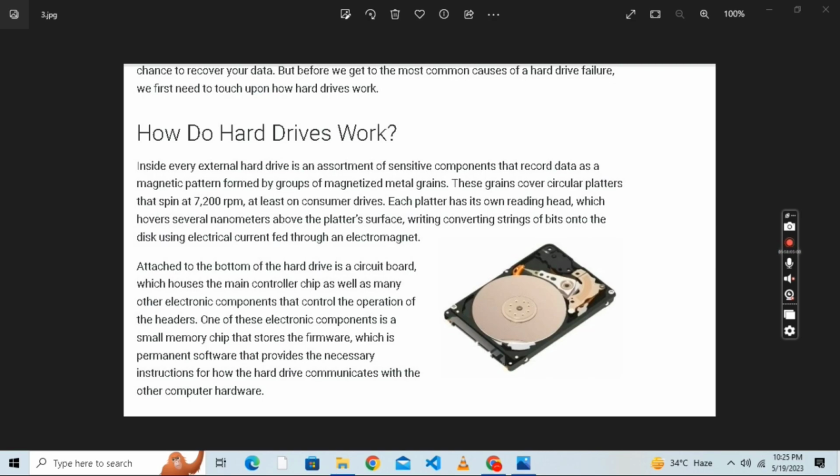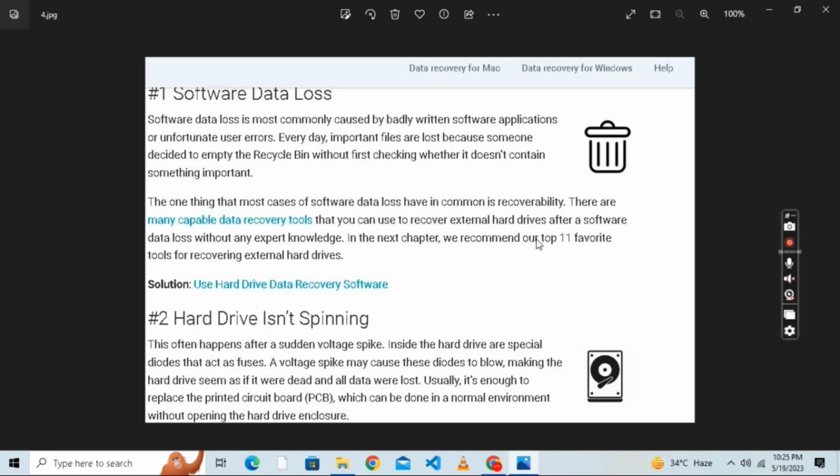One of these electronic components is a small memory chip that stores the firmware, which is permanent software.